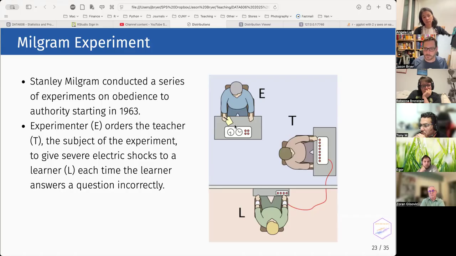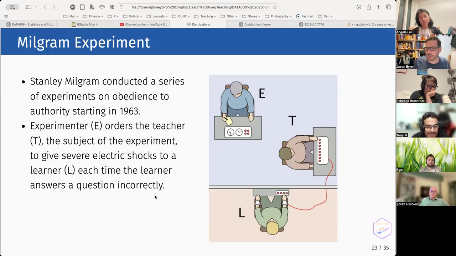The experimenter told the teacher, you're going to teach this learner these tasks, and when the learner gets the task wrong, you're going to administer an electrical shock. Each time they got an answer wrong, the severity of the shock would increase. Milgram wanted to see how far people would go before they said, wait a minute, I'm not going to do it.